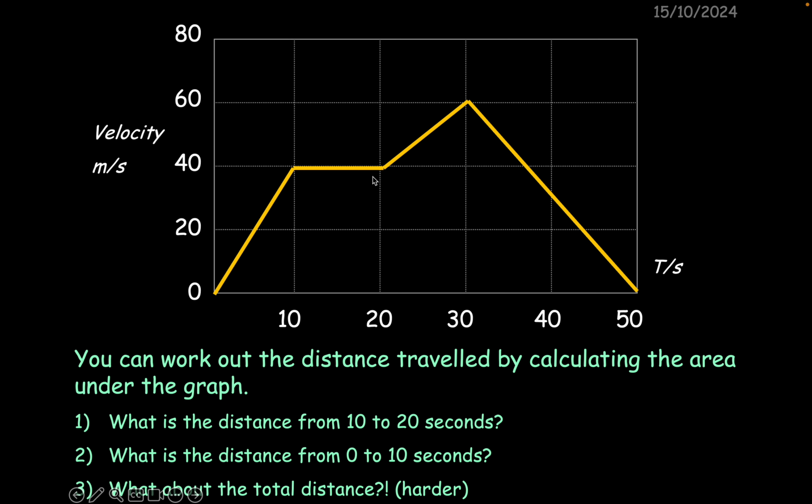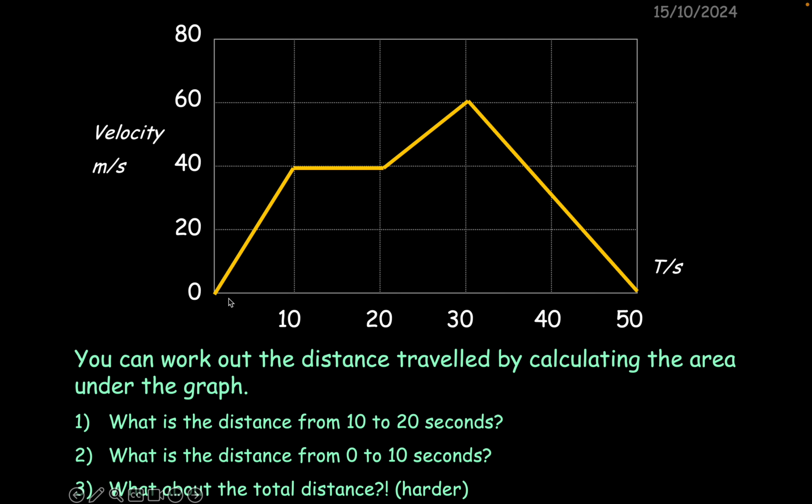So for a rectangle, it's easy. For a triangle, you need to know that the area of a triangle is half base times height because it's half a rectangle. It's not traveling at 40 meters per second throughout those 10 seconds. It's on average traveling at 20 meters per second. So the average velocity would be half of the height. So you could just use the area of a triangle being half base times height.